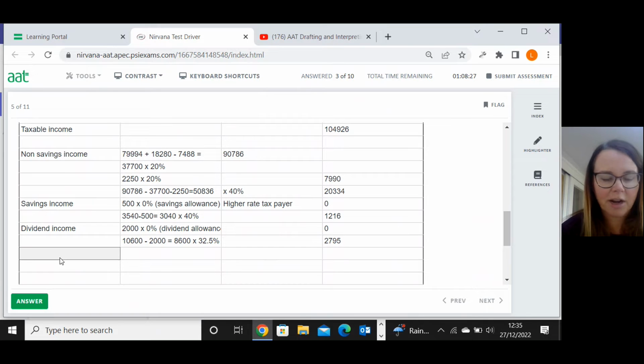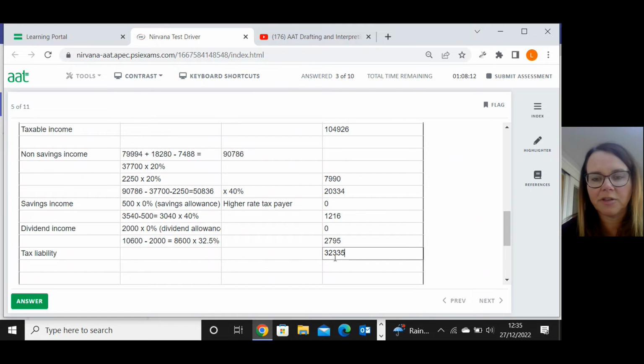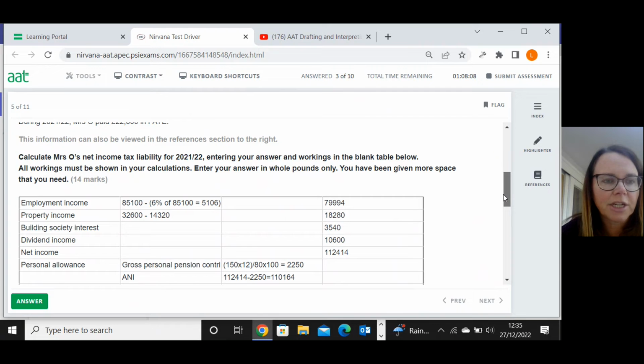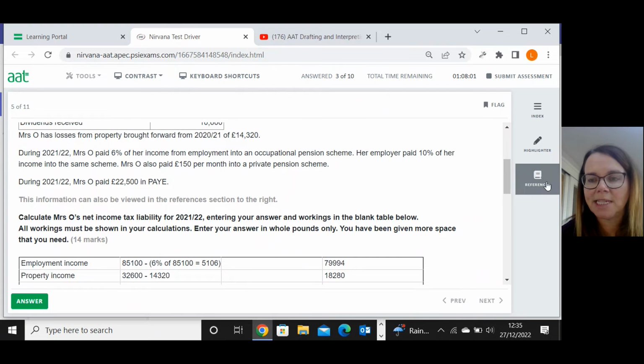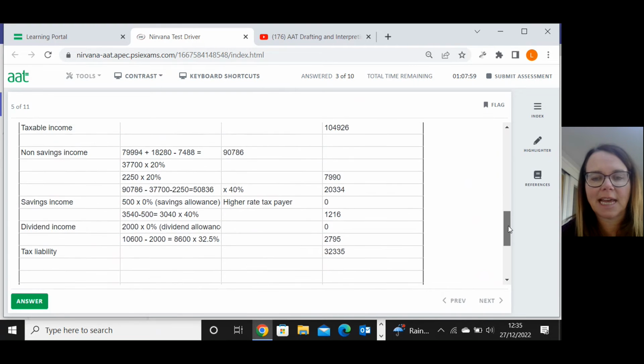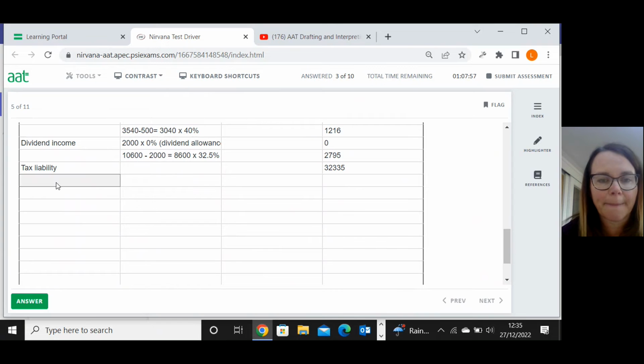Right, so then the next row is going to be my tax liability, which will be the sum of all of these figures here, which comes to 32,335. And then in this question, she's already paid 22,500 as PAYE.